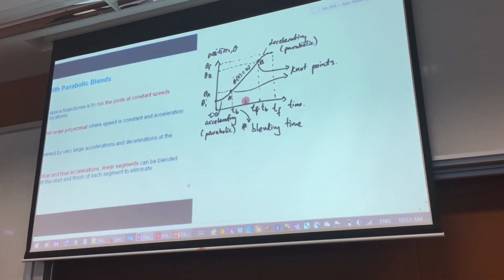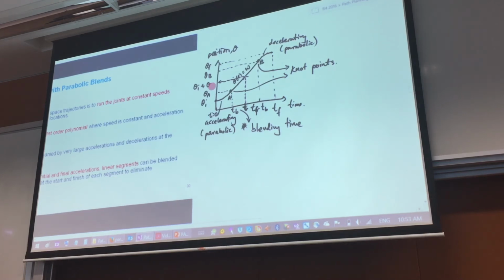And at any time over here, I call this time t, because it's at any time. Then at any time, that's theta I plus theta. Right? Theta I is over here. At any time later, it's just plus any other angle, theta.